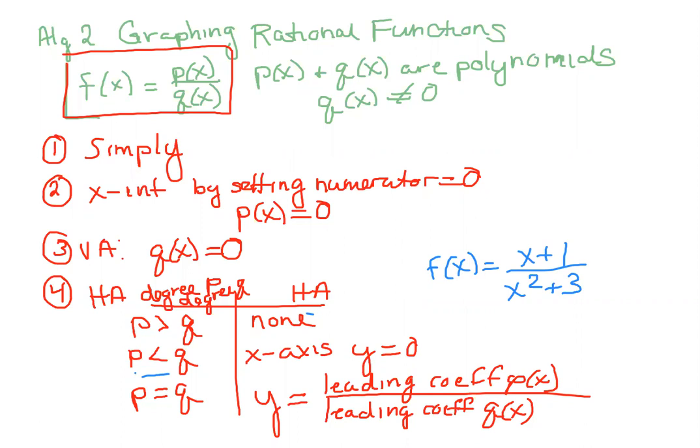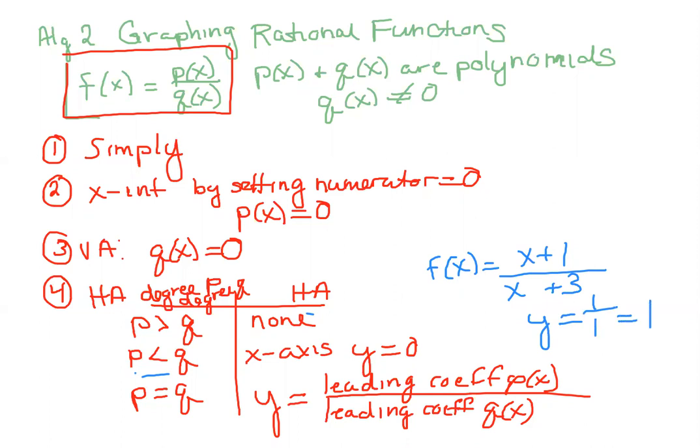And if they were the same, we could have something like this. The degree of the top is 1, the degree of the bottom is 1, they're the same. So our horizontal asymptote would be the leading coefficient of the numerator, the number in front of the highest exponent of x, over the leading coefficient of the denominator.